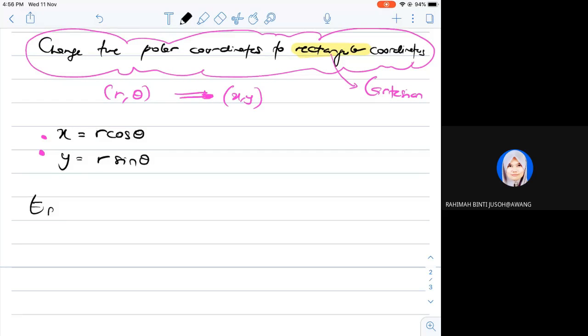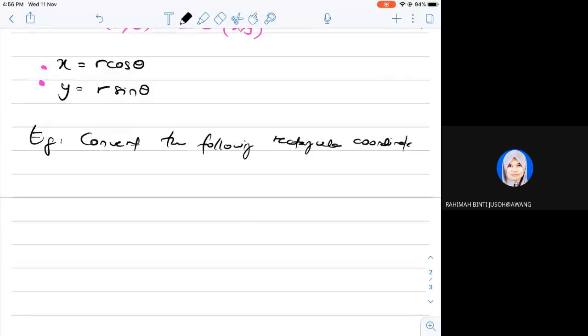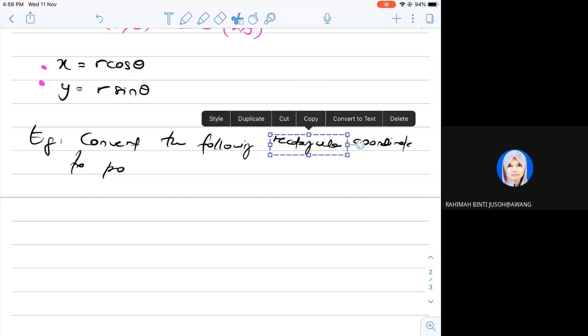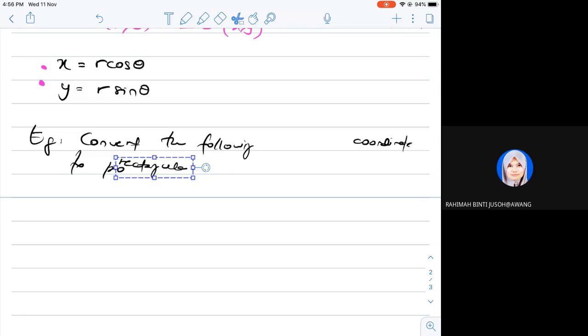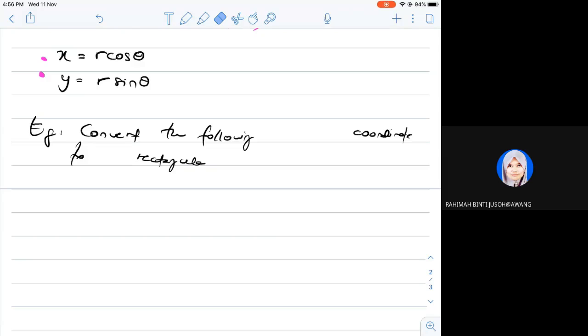Okay, for example, convert the following rectangular coordinate to the polar coordinate. Sorry, I got it the wrong way round. Let me erase this. So this is the rectangular coordinate, and this is the polar coordinates.